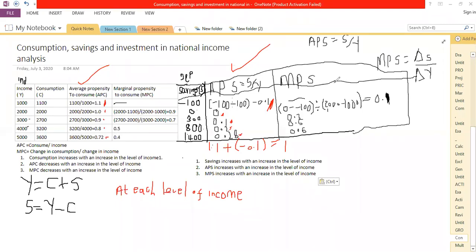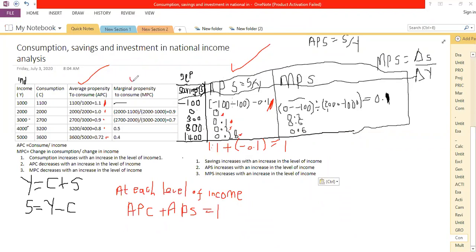So we can actually note that the APC, the average propensity to consume, when added to the average propensity to save, the result should always be equivalent to 1.